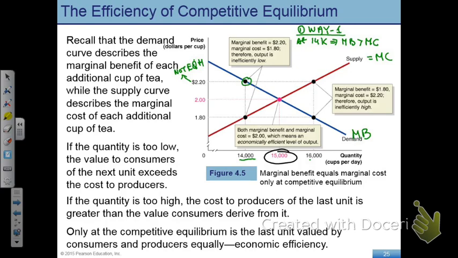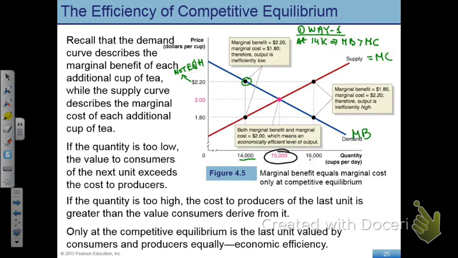You should see clearly that at 14,000 output, marginal benefit is greater than marginal cost. So the buyers are really hungry for this good. They are saying, produce more and we are going to buy more. Are we all clear? Do we understand that?